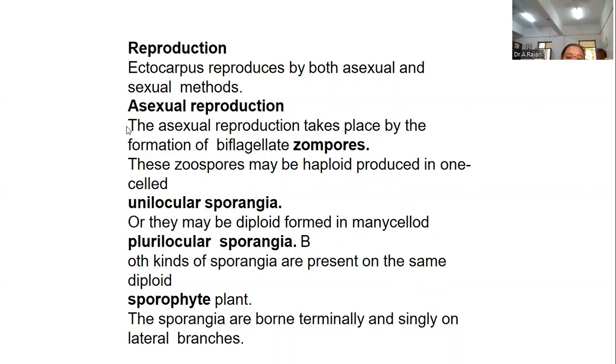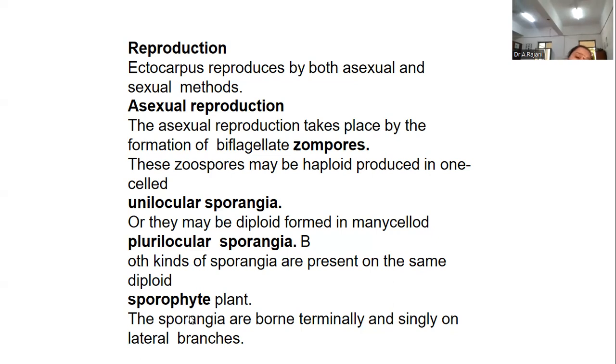One is the unilocular sporangia. Second one, plurilocular sporangia. Uni meaning they may be diploid, formed in many locules. Pluri meaning the sporangia are present on the same diploid plant. That is called the sporophytic plant.